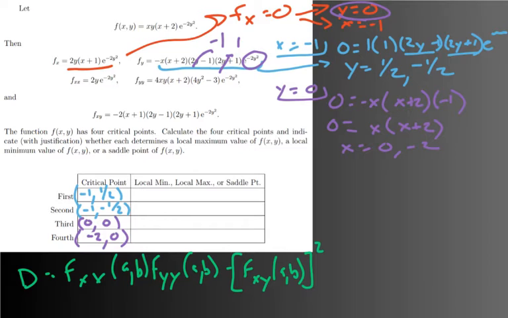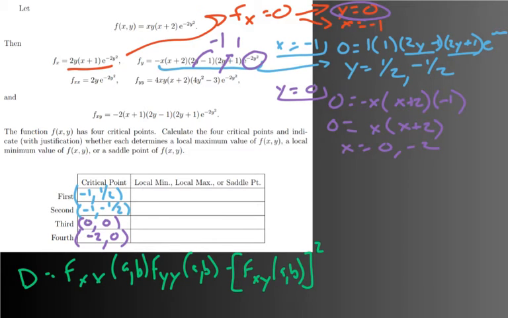And so the first thing to do is calculate D. I mean, that's kind of what I do first. And if D is less than 0, it's going to actually be a saddle point. So if you take each of these points, right? Let's take 0, 0 here.